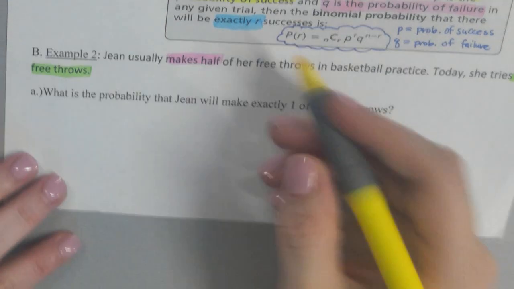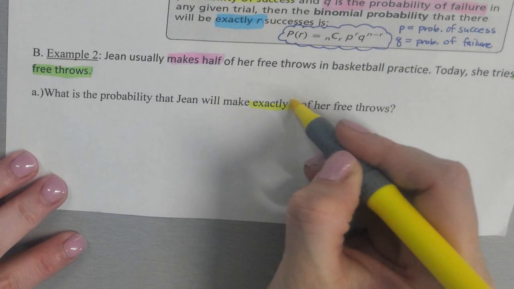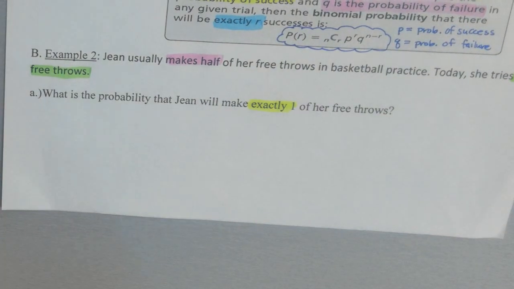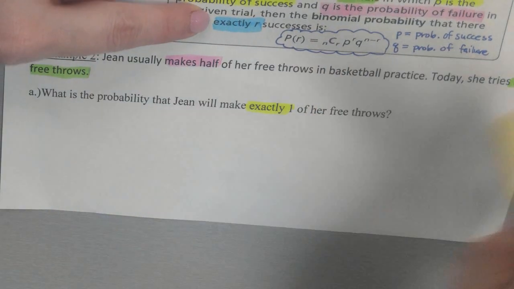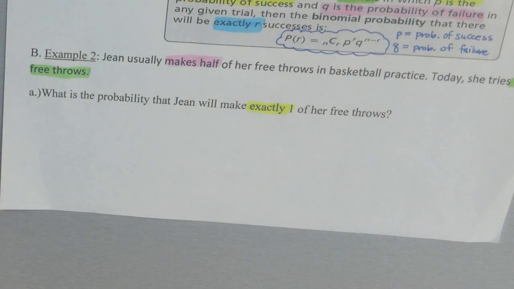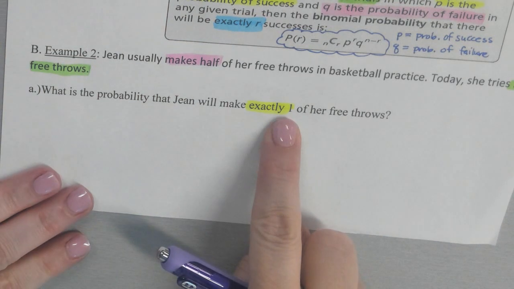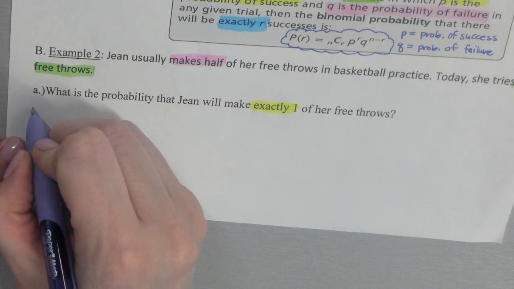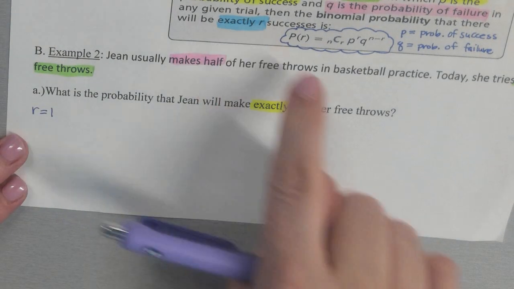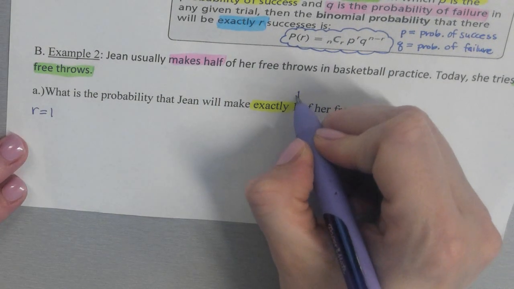So the language in here is going to be important, just like it was in chapter 7. So exactly 1, see how this is exactly R? That means we can use that equation, okay? So exactly 1, that means our R value is going to be what? 1. Okay, so exactly R, so this value is going to be R.